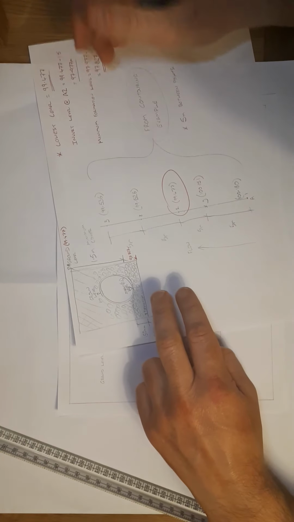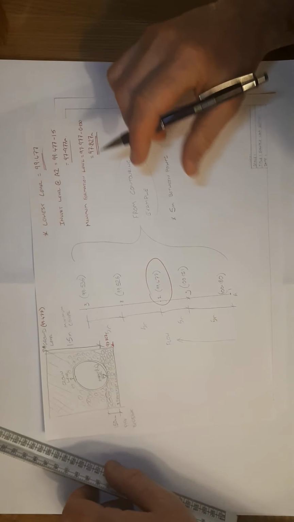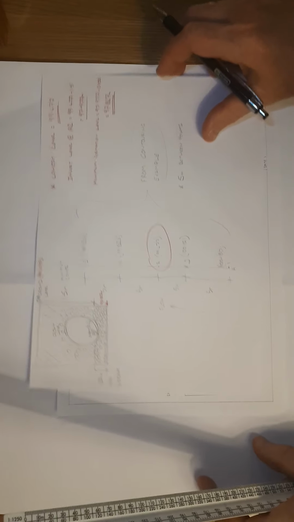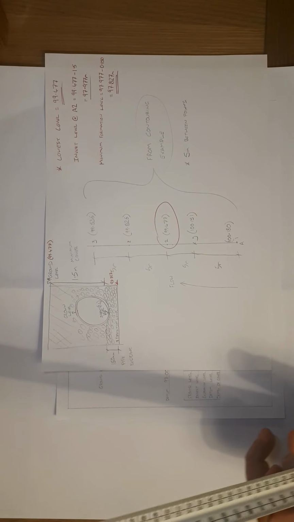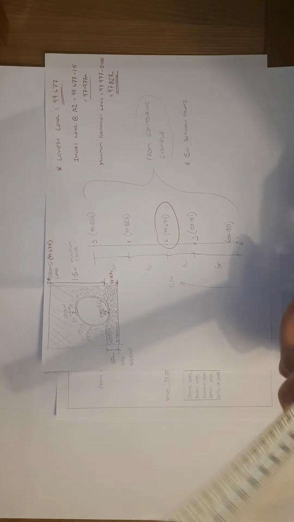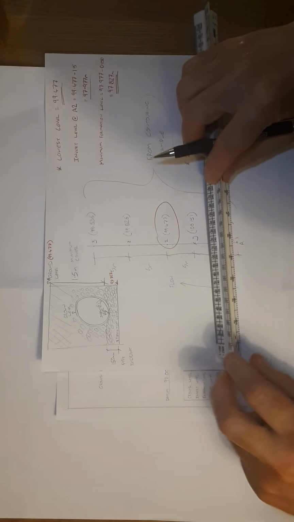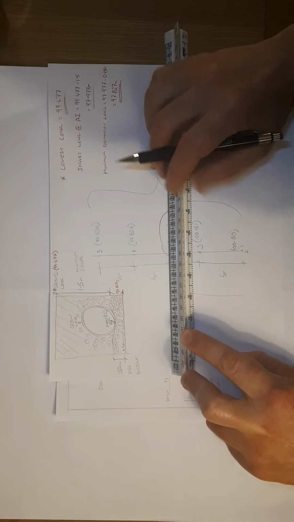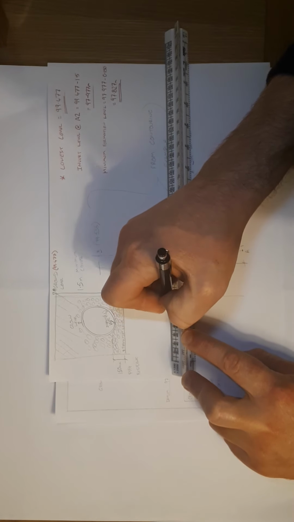We're told that we've got a grade of 1 in 100 for the pipe. What that means is that for every 100 meters in length, we're going to have 1 meter in vertical distance. So we draw that as a triangle. Assume this is 100 meters in length.